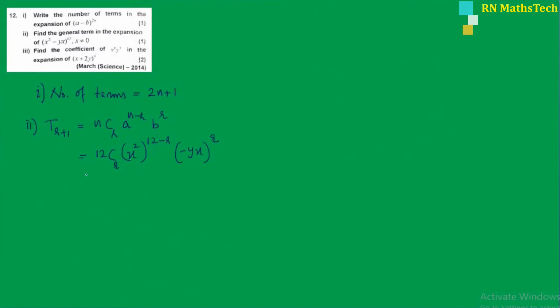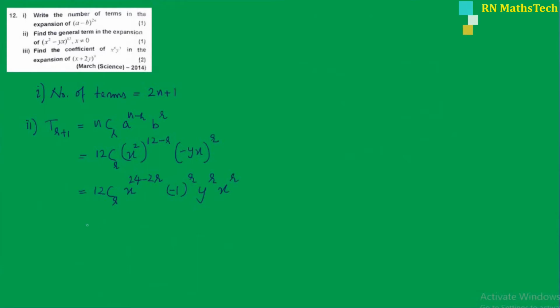Now find the coefficient of x raised to 6 y cube in the expansion of x plus 2y the whole raised to 9. If you want, you can simplify this further. 12cr x raised to 24 minus 2r into minus 1 raised to r y raised to r x raised to r.